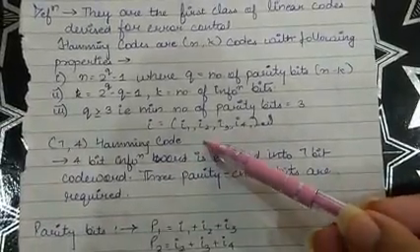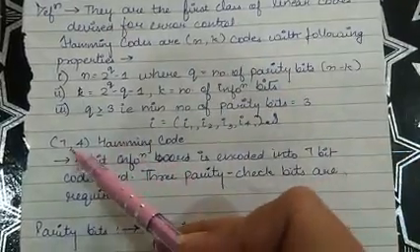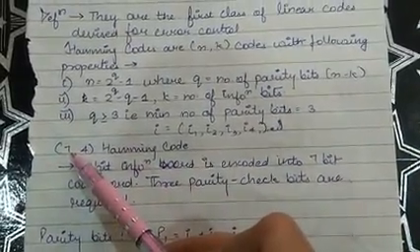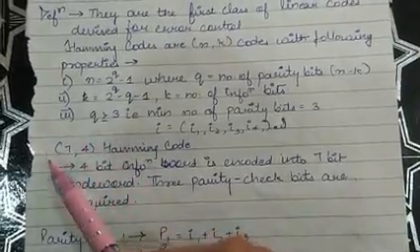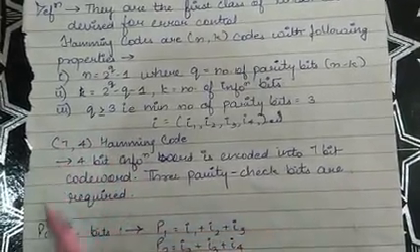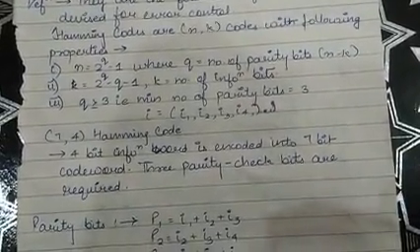Take 7 comma 4, that is n comma k, where n is equal to 7 and k is equal to 4 Hamming code. This is the most significant, or the most famous, Hamming code which we use in our computer networks.